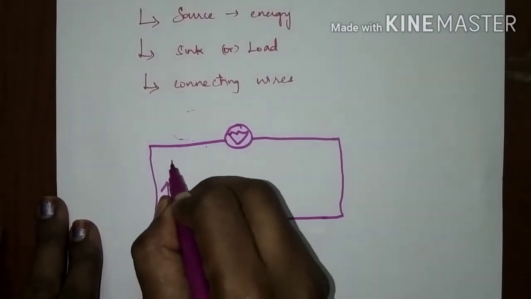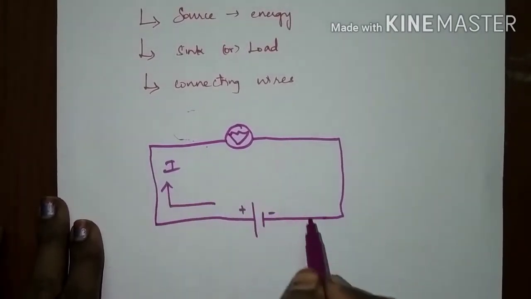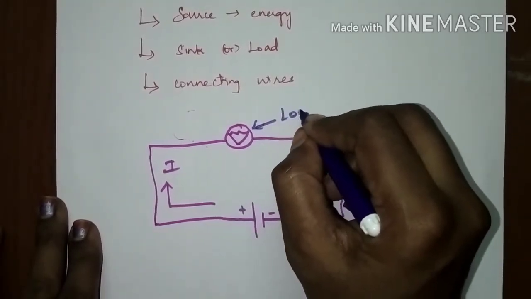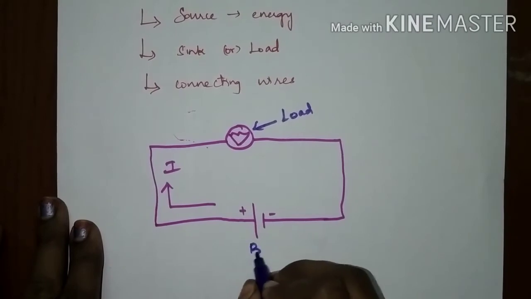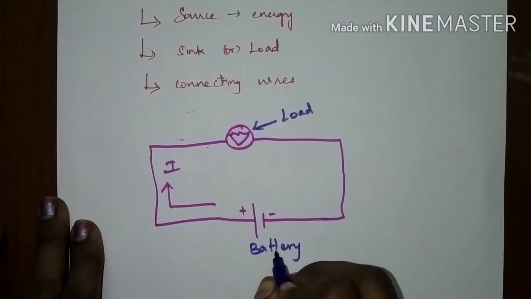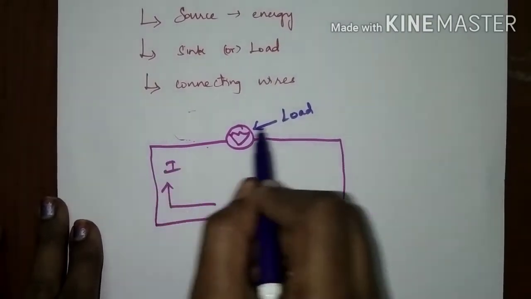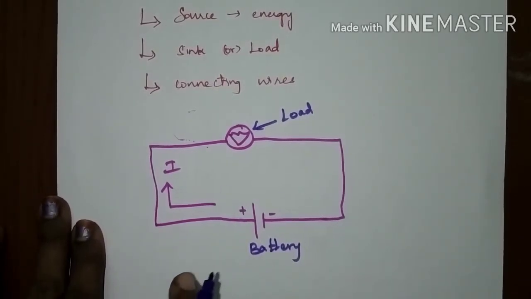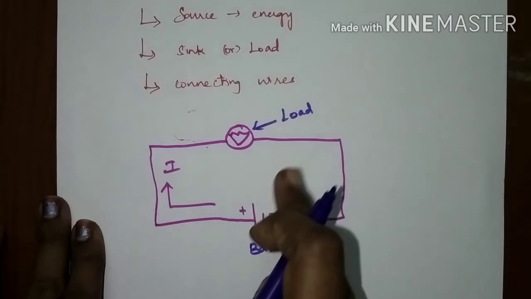Conventionally, current flows in this direction, from the positive terminal to the negative terminal. This lamp is the load here and the energy source is the battery, and it is connected through the connecting wires. The battery is connected to the load by using two wires.